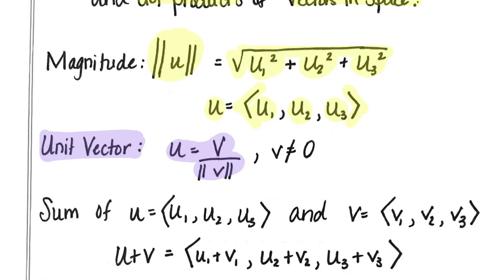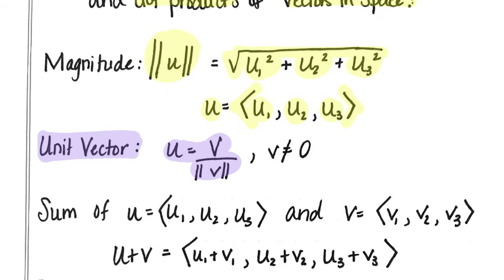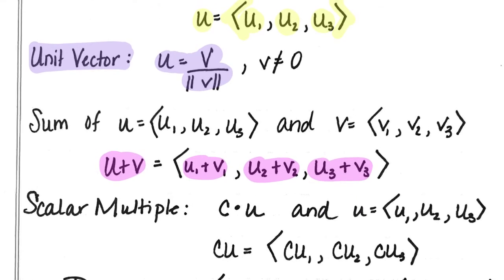All right, the sum of u and v, we're just adding them. So it's very similar to what we've seen before. We're just adding u sub 1 plus v sub 1, u sub 2 plus v sub 2, u sub 3 plus v sub 3. And scalar multiplication is not going to change either.